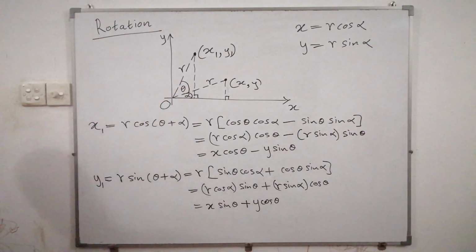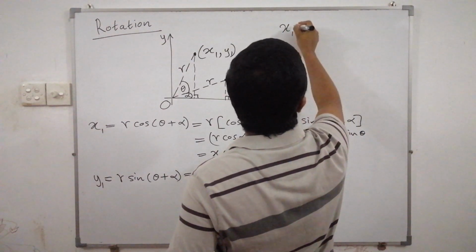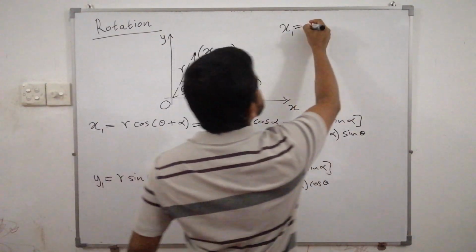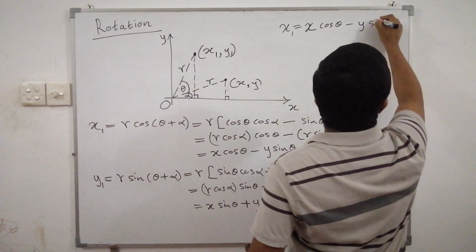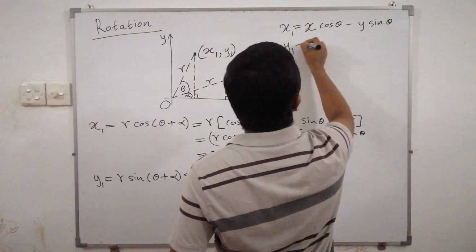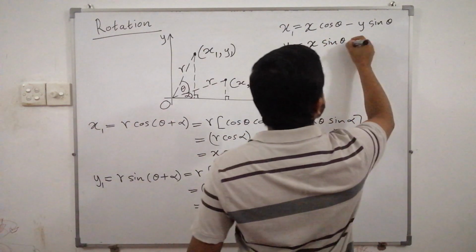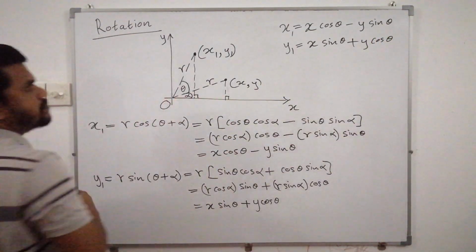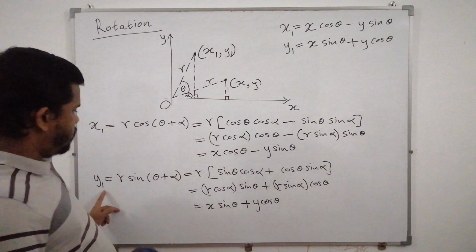So now using these two, we can get x1 as x cos theta minus y sin theta, and y1 means x sin theta plus y cos theta.